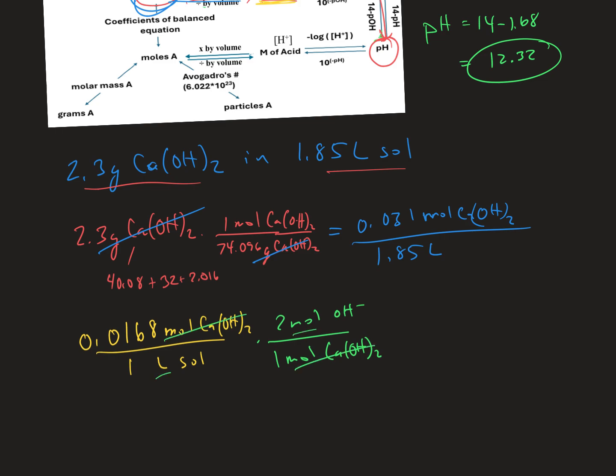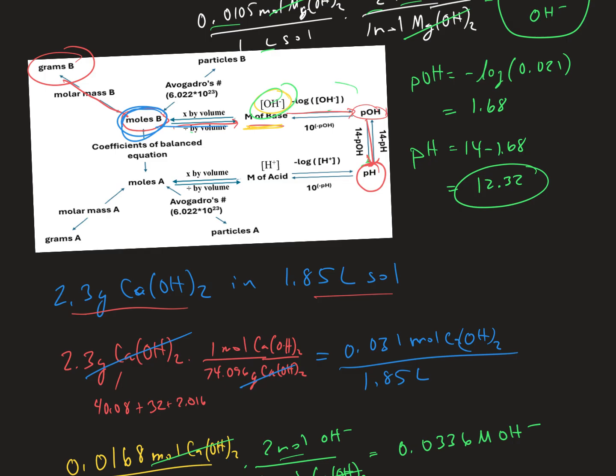We're left with moles per liter of hydroxide. So we can find an answer here to plug into our pOH equation. 0.0168 times 2 is 0.0336. And just notice, I rounded that, right? So when you round it each time, your answer might be just a hair off, just so you know. A hair off's not too bad, right? And that's our concentration of OH minus.